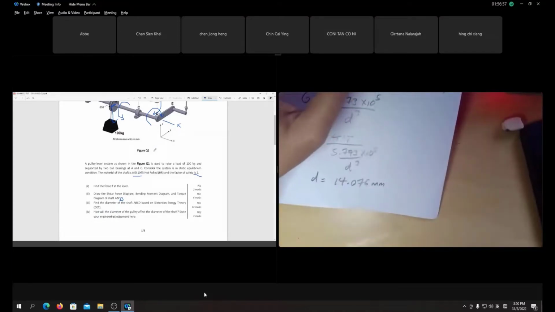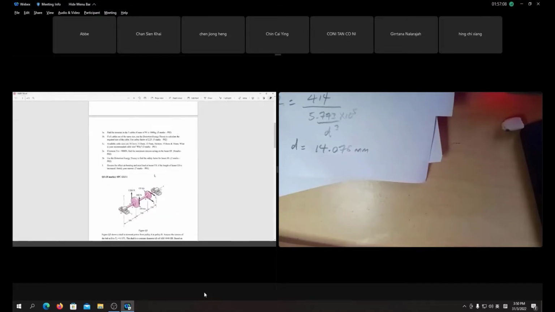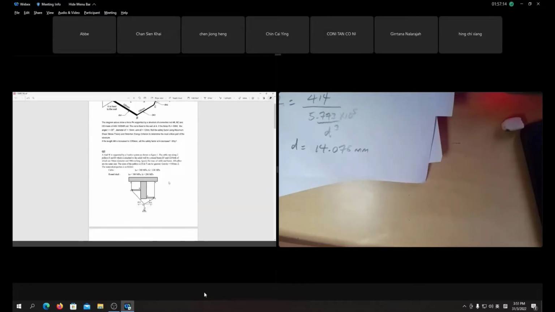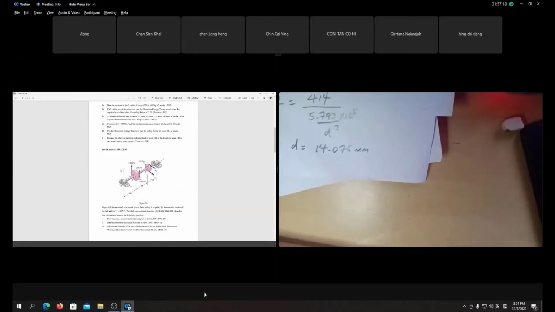Okay, ada soalan buat bagi ni, nanti saya letak dalam WhatsApp. Kelas, ini assignment. Boleh nampak ni? You kena buat 2 question sebenarnya. You buat question 1, question 3.